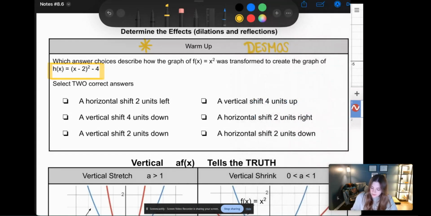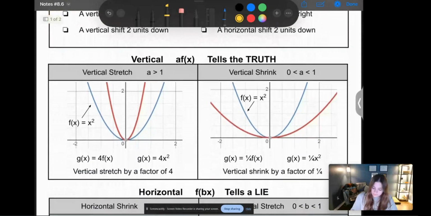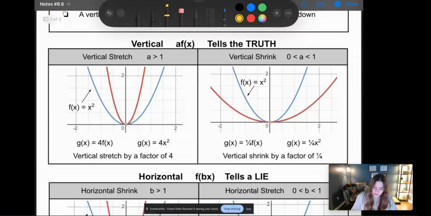Now today's notes are a little bit shorter, but we're going to go through the rules here and you're going to see what happens. This time, instead of talking about a horizontal or a vertical shift, we're going to talk about stretches and shrinks, as you can see on our rules here. So a vertical stretch is when A is greater than 1.